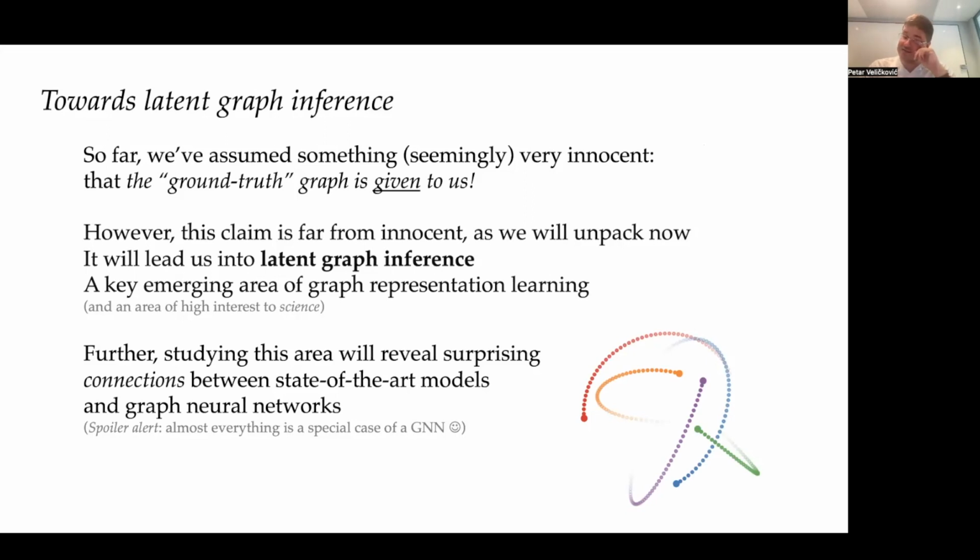However, it turns out that this claim is not so innocent as it seems, and analyzing it in more detail will lead us into latent graph inference, which is a key emerging area for graph representation learning, and in my opinion, also an area of high interest to just performing basic science. And further, if we study this area further, it will allow us to draw very cool connections between some state-of-the-art models in graph neural networks. And to give you a bit of a spoiler alert, almost everything that we will analyze will turn out to be a special case of a graph neural network.